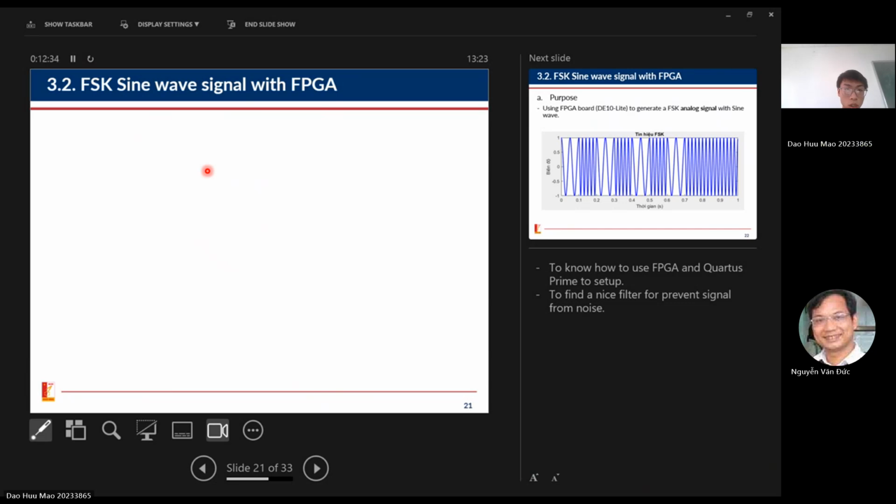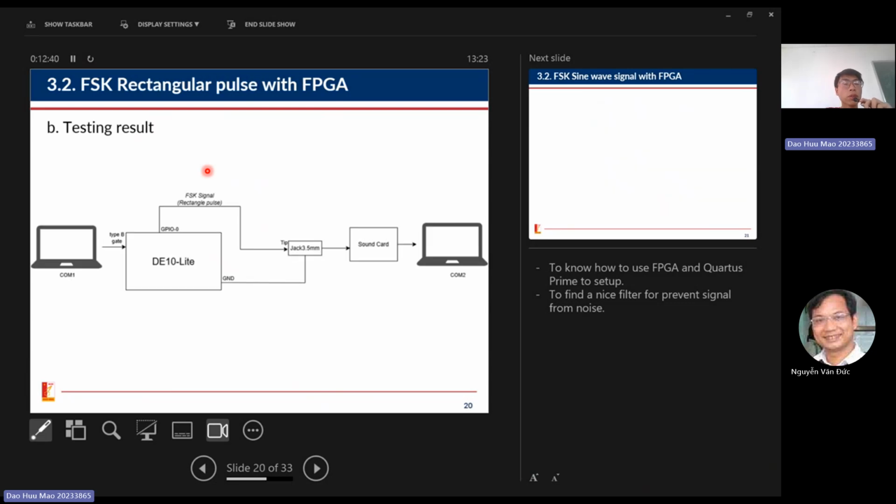So to generate an FSK signal, we have to use some device called a DAC to convert the digital to analog.